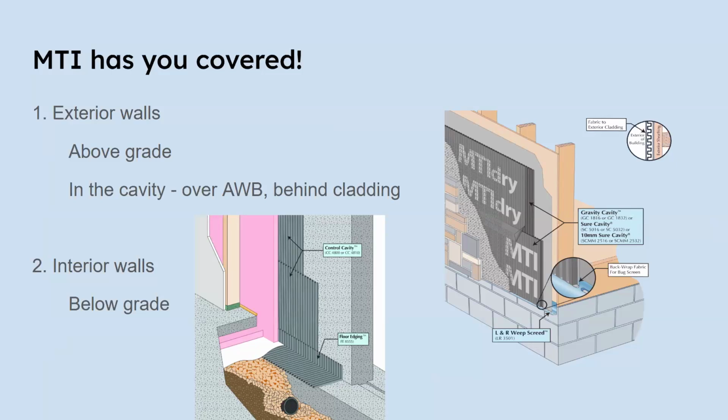It's a different element of our business, but it applies the same type of technology and science to getting the water that's there and is formed through condensation down the wall, across the threshold, and into the gravel, in this case, where the sump pump can pick it up and get it out of the basement. Many parts of the country utilize basements in design, and in most of those parts of the country, wet basements are a problem. So MTI is a resource potentially for you with that, and we're happy to address those issues accordingly.